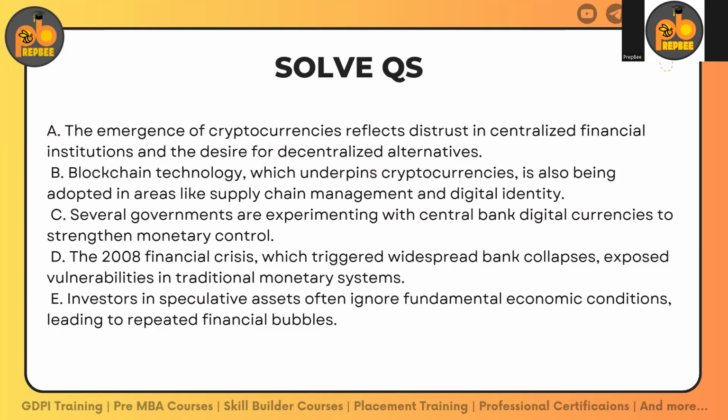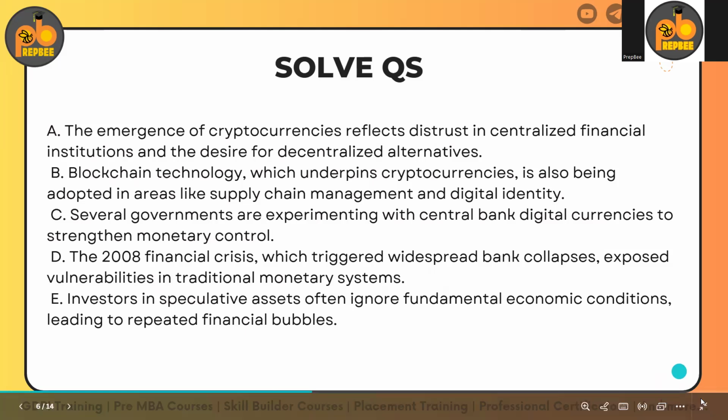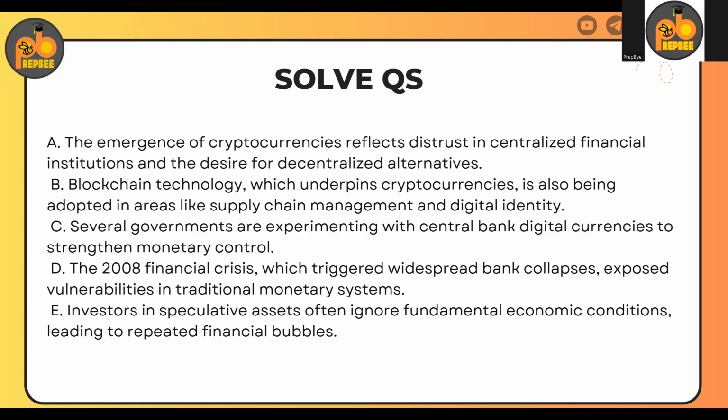Several governments are experimenting with central bank digital currencies to strengthen monetary control. The 2008 financial crisis, which triggered widespread bank collapses, exposed vulnerabilities in traditional monetary systems. Investors in speculative assets often ignore fundamental economic conditions, leading to repeated financial bubbles.